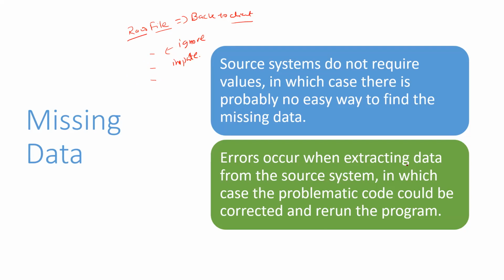An error can occur when extracting data from the source system, in which case the problematic code could be corrected and the program rerun. In some cases, suppose I have a paid amount of 25, 26, 27, but one random number we usually get is like 9999 or 11111.